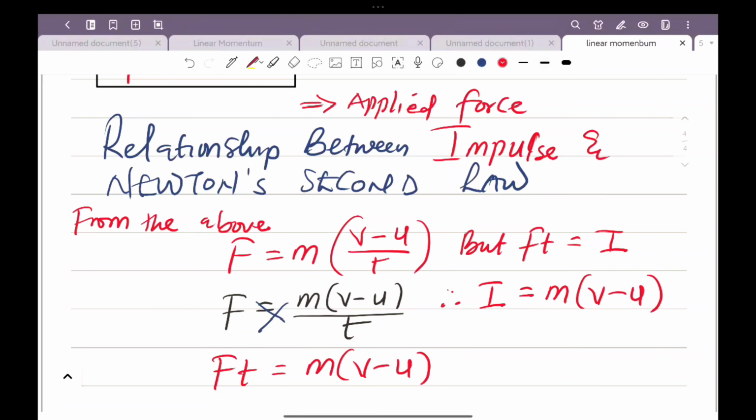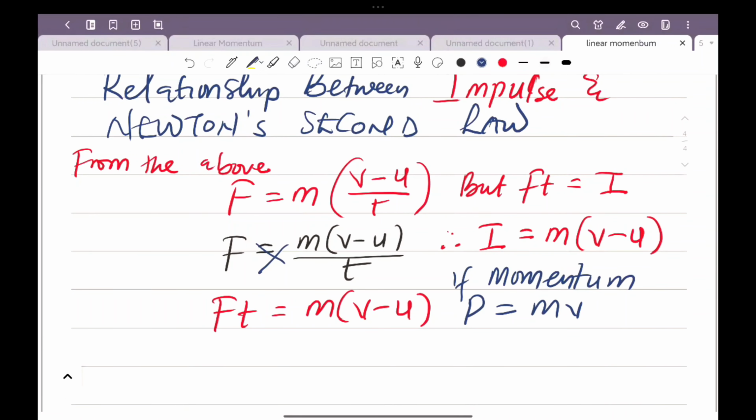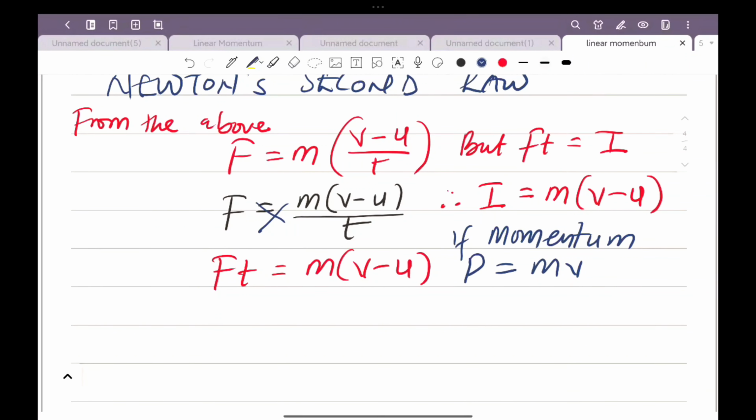But also recall that momentum is mass multiplied by velocity, right? So if we unite v minus u into v, then we can say that impulse is related to momentum.